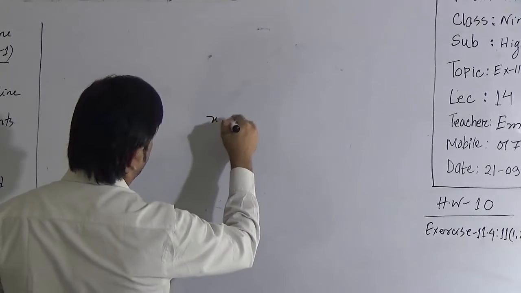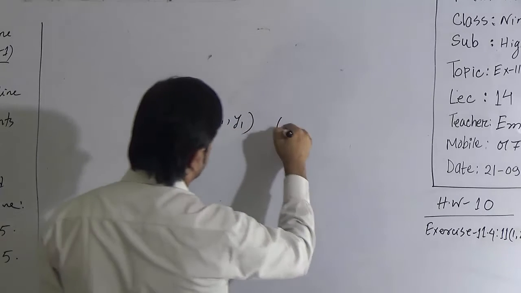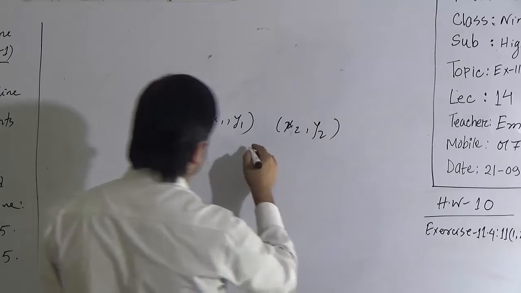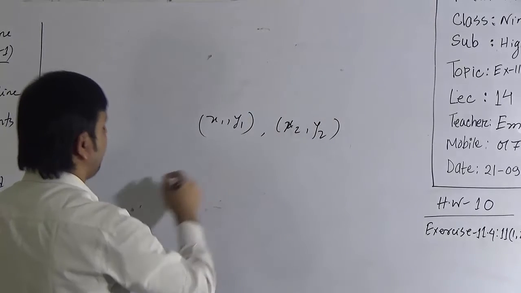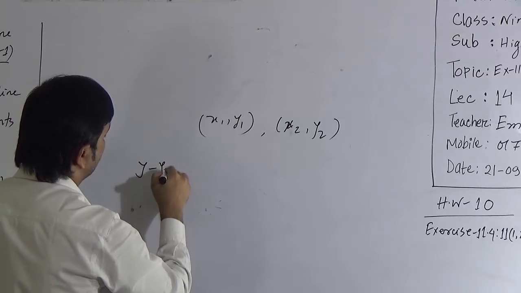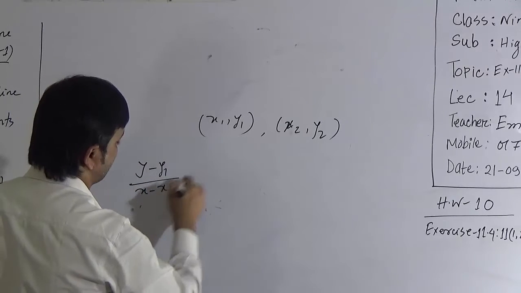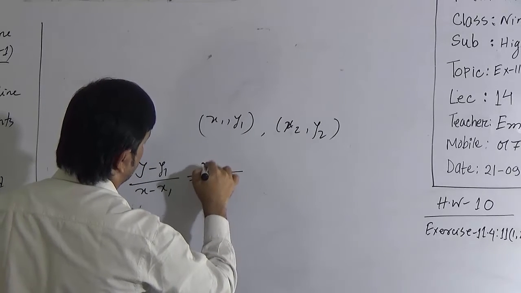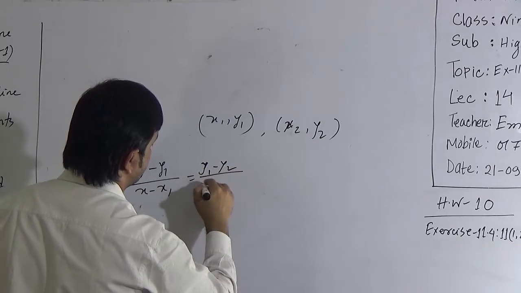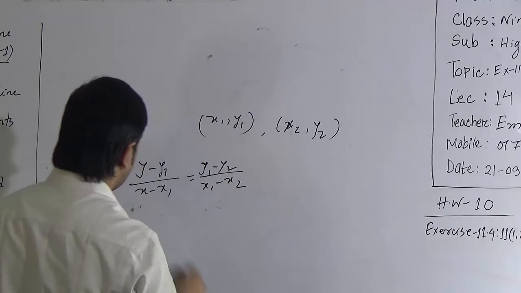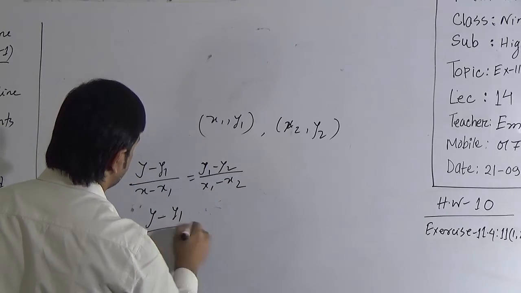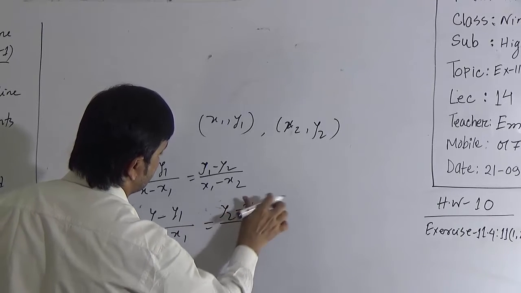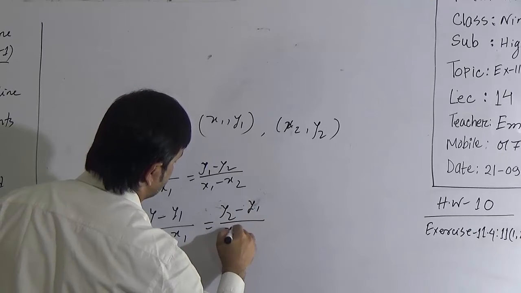If x1, y1 is a point and x2, y2 is another point, a straight line passing through these 2 points will be y minus y1 divided by x minus x1 is equal to y1 minus y2 divided by x1 minus x2, or we can write y minus y1 by x minus x1 is equal to y2 minus y1 by x2 minus x1.